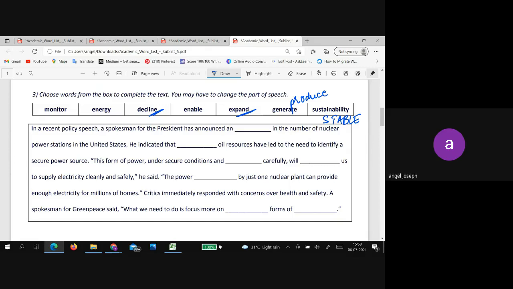Okay, so I've given you an understanding of all the words. Now quickly look at this fill in the blank. I would like you to do this independently, 2 minutes. We'll finish it by 4:10 maybe.